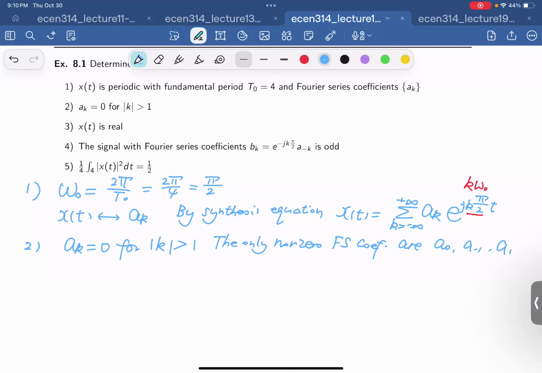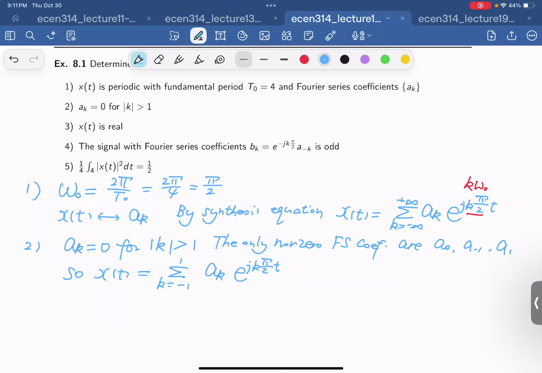Okay? So that means effectively x of t is the summation of just 3 terms, where k goes from minus 1 to plus 1, right? Where we have the k-th harmonic with the coefficient, e to the j k omega naught t, with omega naught equal to half pi.